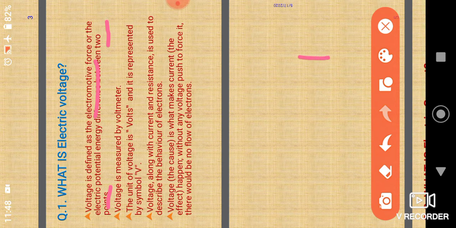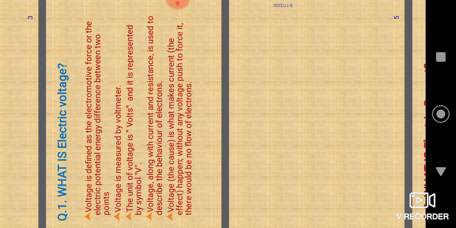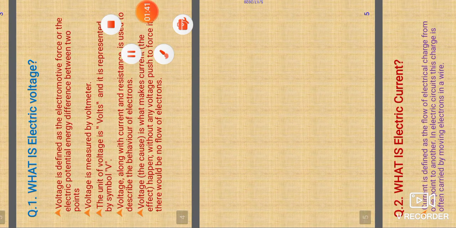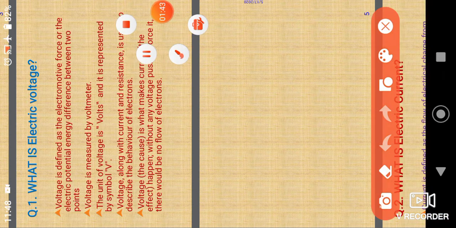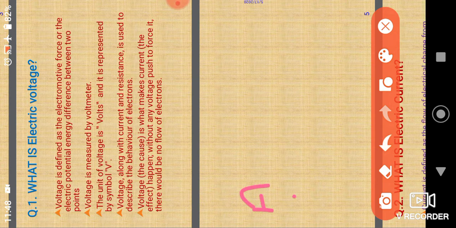So first we need to make 2 points over here. Whatever said in the definition, same thing we need to do. 2 points. This is point A and this is point B. Okay.